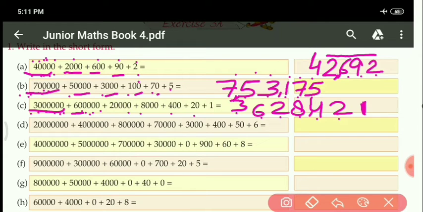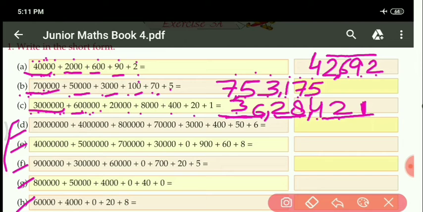Ones period is over. 1000 and 10,000 after also put the comma, because here 1000 period is over. So required number name what is coming? 36 lakh 28,421. Got it? Similarly you can do these other part also.